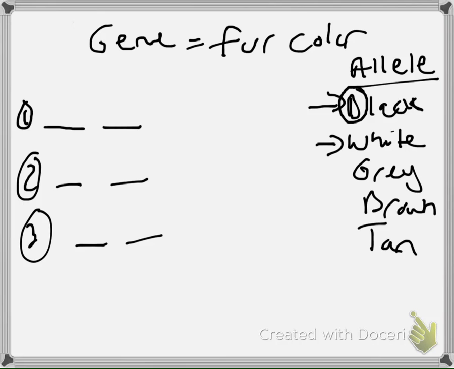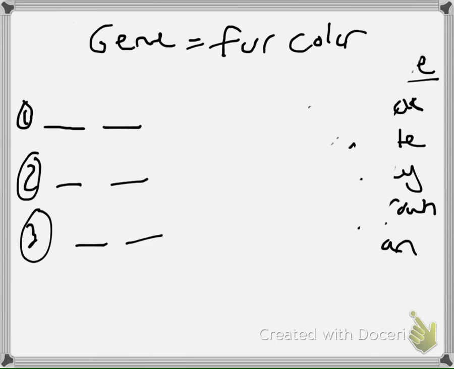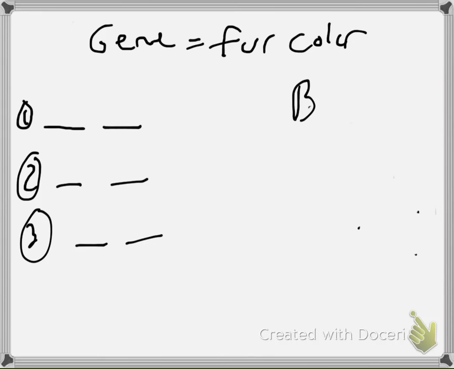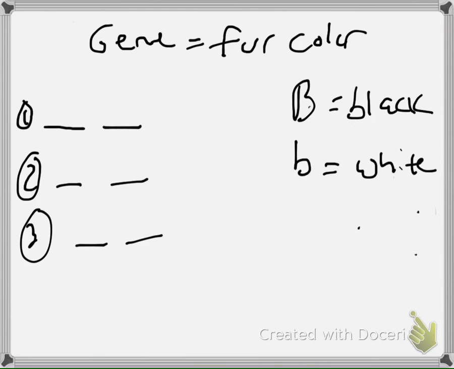So I'm going to give myself a little bit more room here. Now I'm dealing with black and white, so I'm going to say that big B is my black allele and little b is my white allele. So bunny number 1 is going to be black, and both alleles are going to be black.